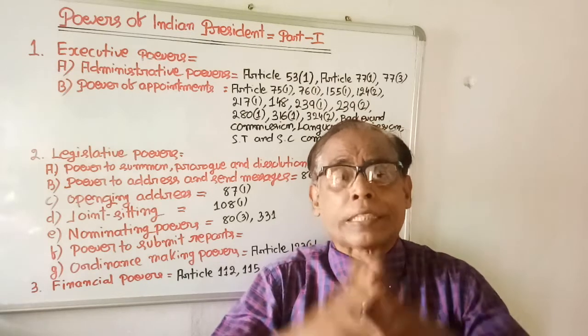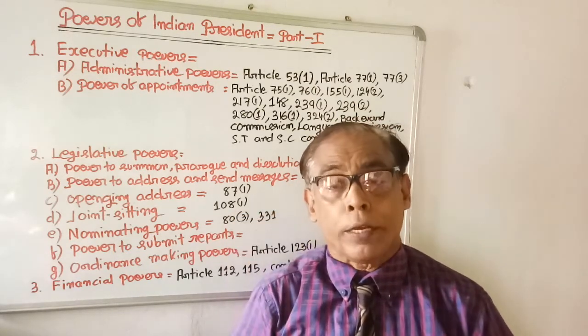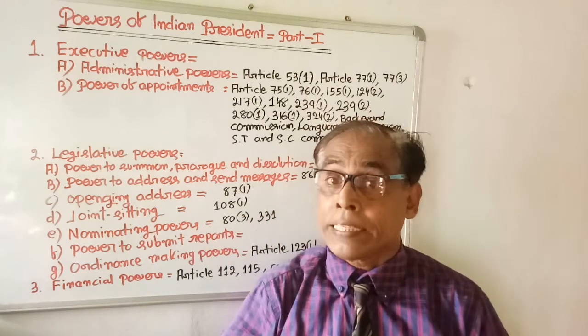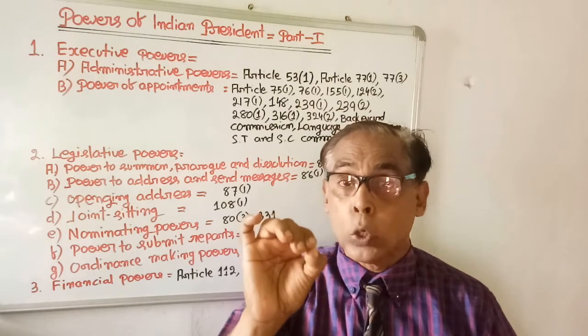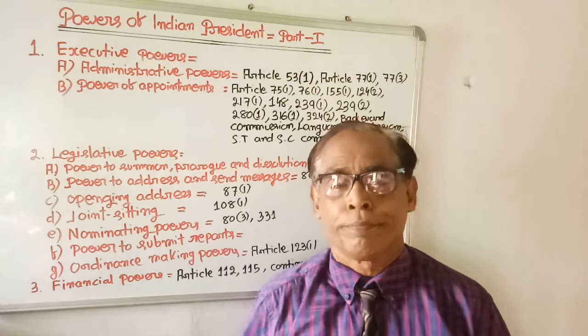No doubt the strength of Rajya Sabha is 250, but out of 250, 238 members are elected and the rest 12 members are nominated by the President under Article 80 Clause 3.